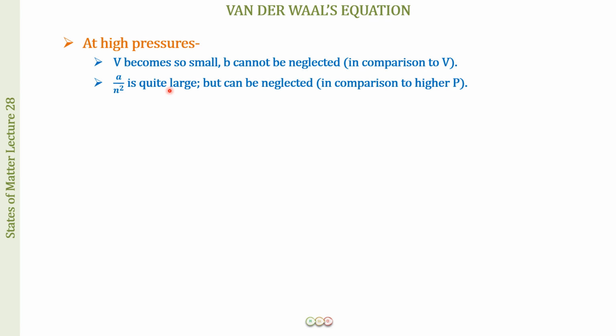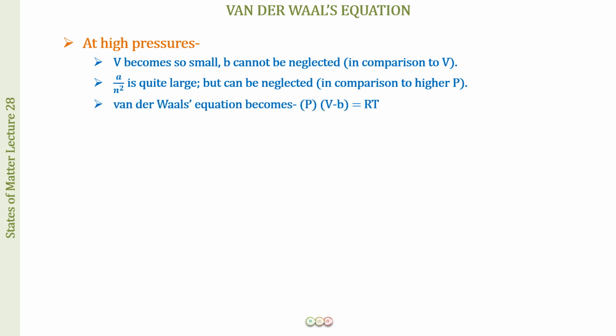But what you have to remember is that when this value is increasing, the value of pressure has also increased quite a bit. And when this is a high P, we can still neglect this term. It is going to be quite small in comparison to the higher pressure that we will have for the gas. So we will be neglecting it.